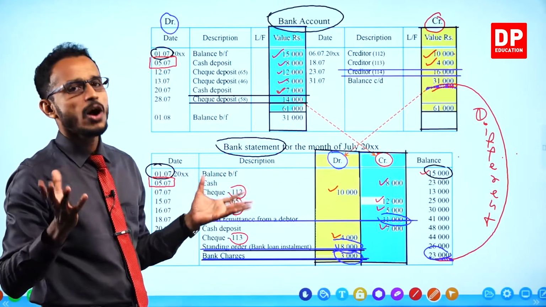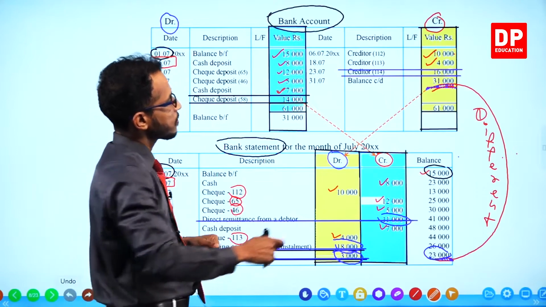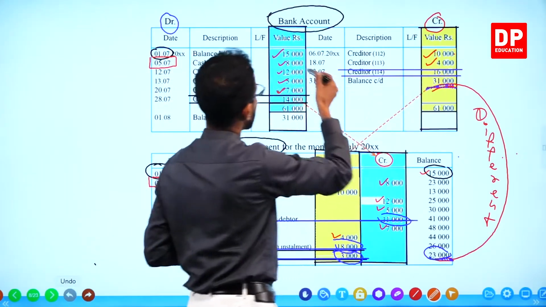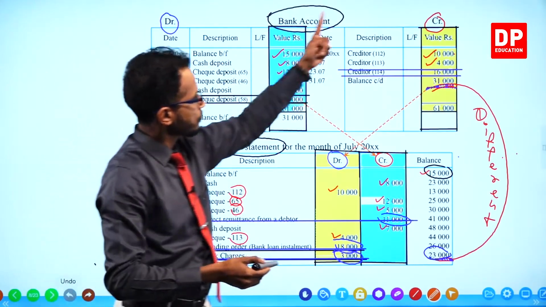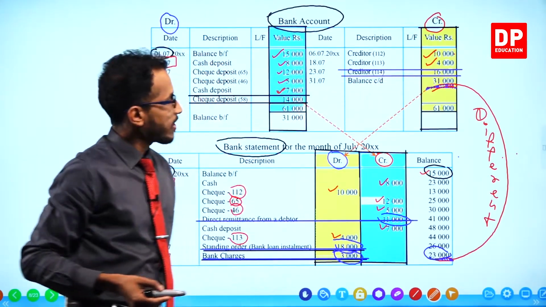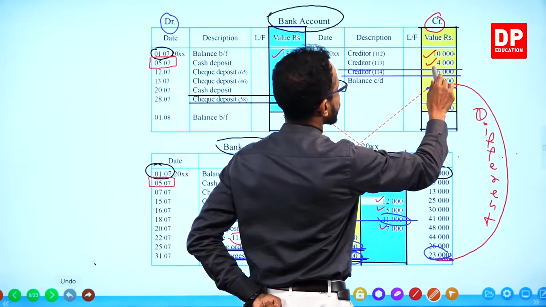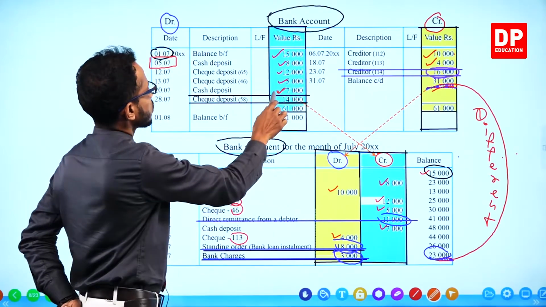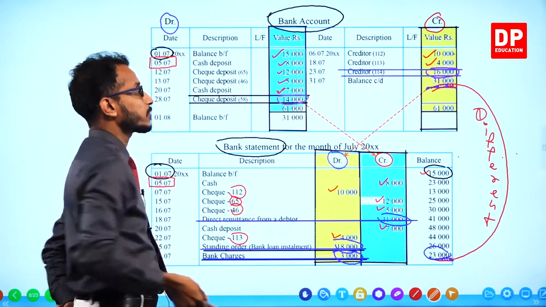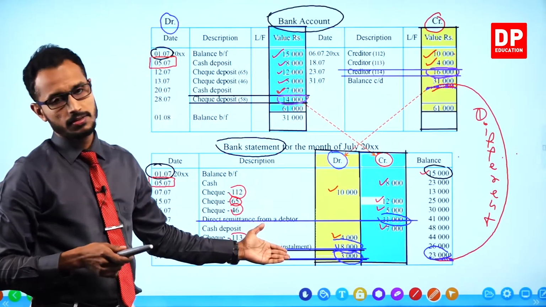That is how we found out the items which were missing. See, these items were already there in the bank statement, so we ticked them. And we traced out these items, 1, 2 from the bank account. They are missing in the bank statement.